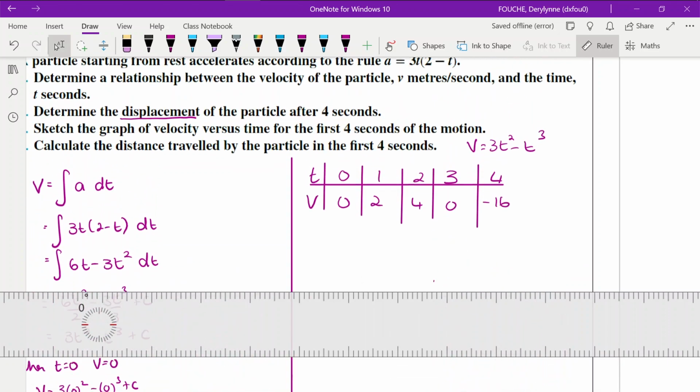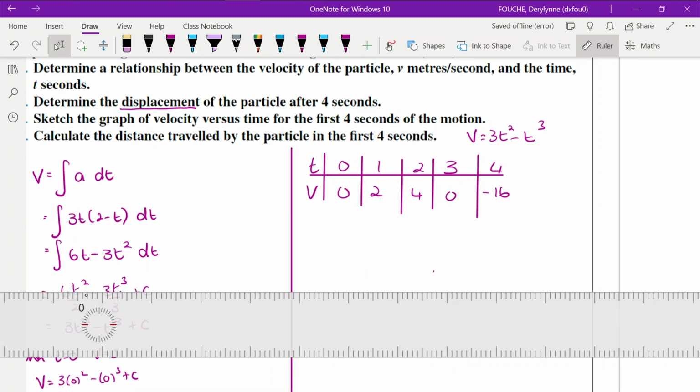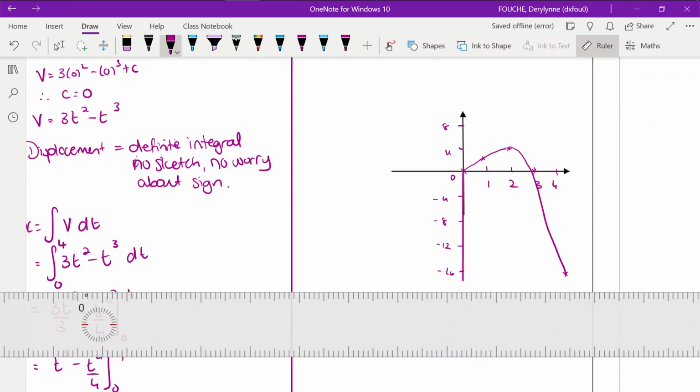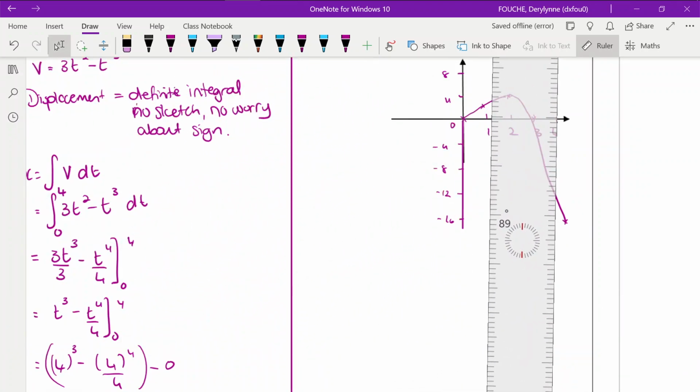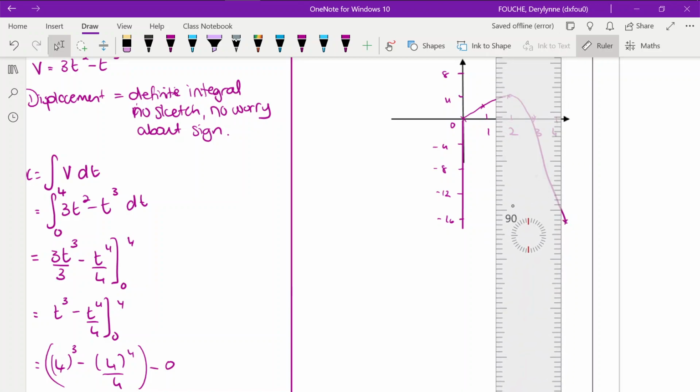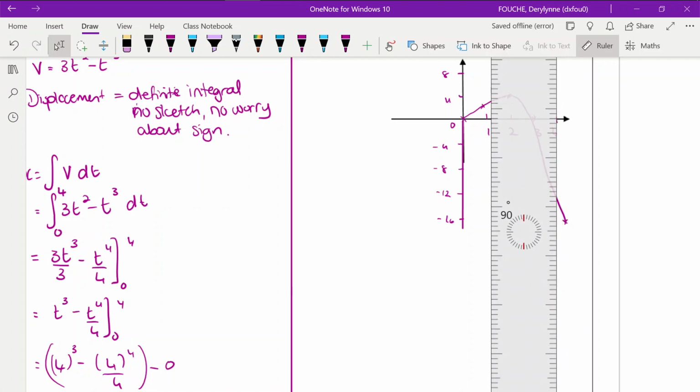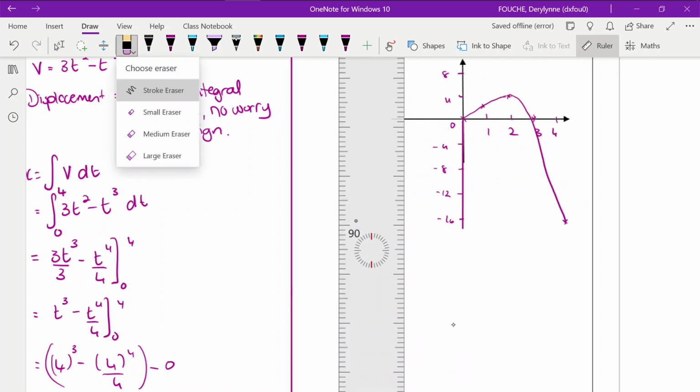Alright, and the reason they wanted us to sketch it is because now we have to calculate the distance traveled. Now the distance is the signed area. We can't ignore the signs. We have to know what our graph looks like.